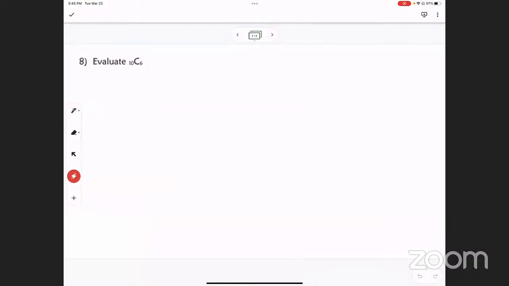So again, for this one, you could even use Pascal's triangle if you want. It's not a bad idea to just have Pascal's triangle sitting there. 1 1, 1 2 1, 1 3 3 1, 1 4 6 4 1, 1 5 10 10 5 1, 1 6 15 20 15 6 1. And since I got to 6, that's my, oh no, that's not.